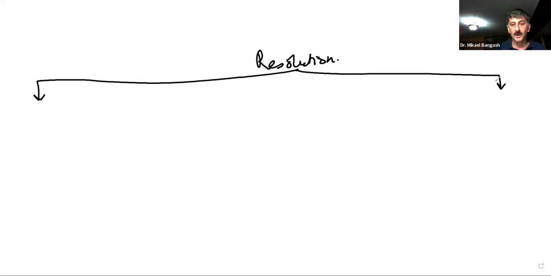One is going to be referred to as resolutions of space. So that'll be what we'll call spatial resolutions.